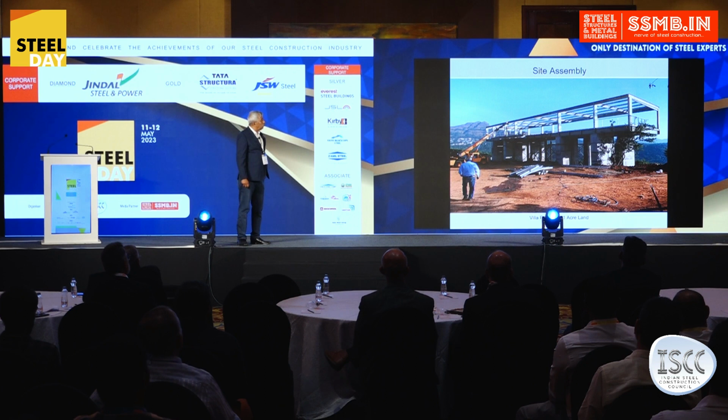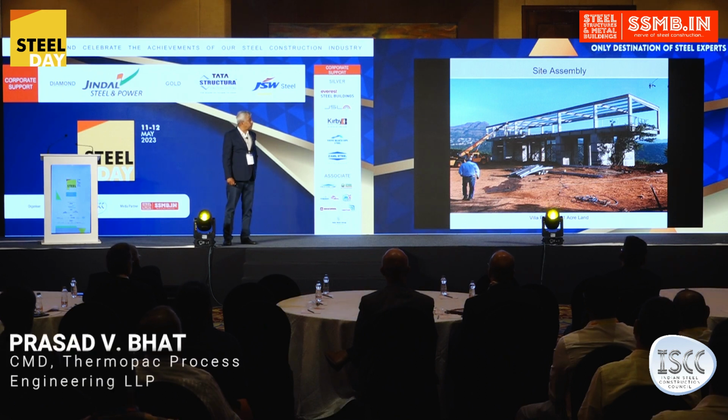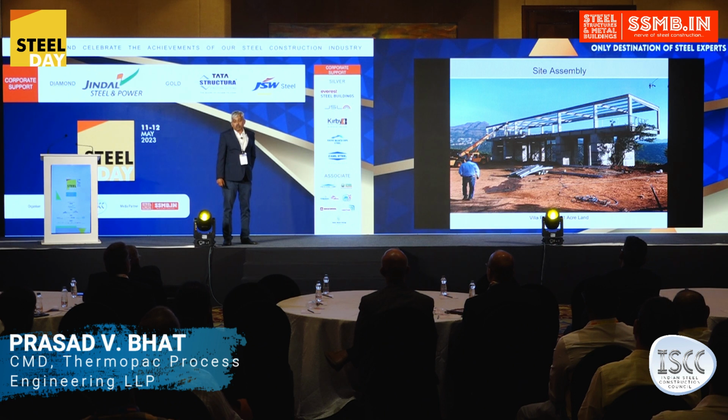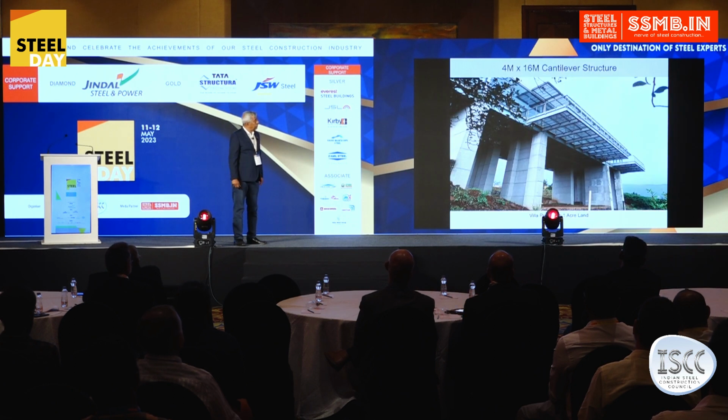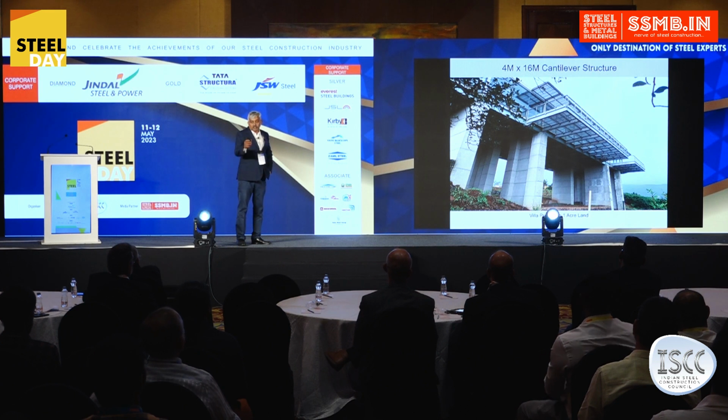If you look, the roof has just a 1.5 degree angle. Normally you will not get that kind of sheets. We got these sheets from Kingspan, where they are ready to give a 1.5 degree slope. This is a 4 meter by 16 meter cantilever. This structure is designed by Girish David.